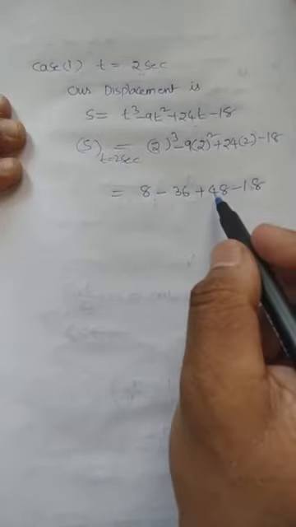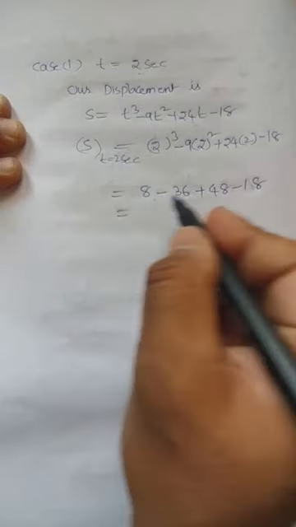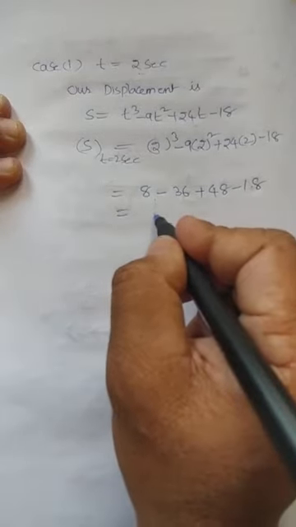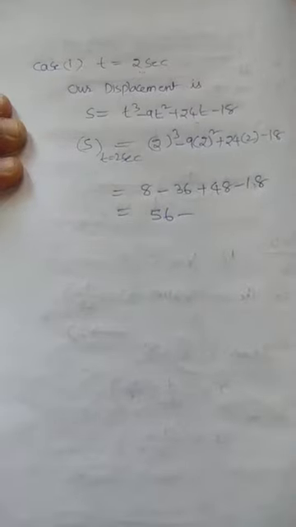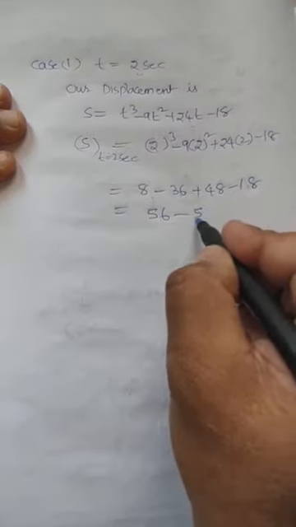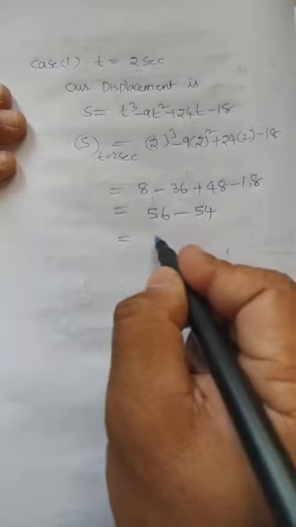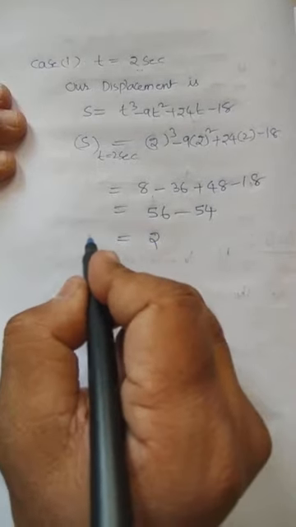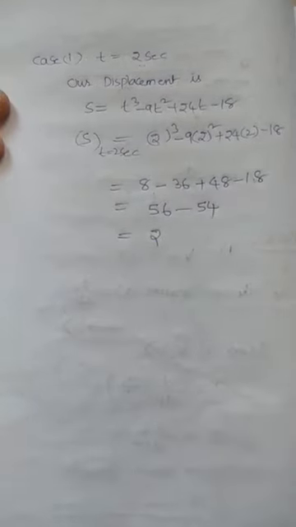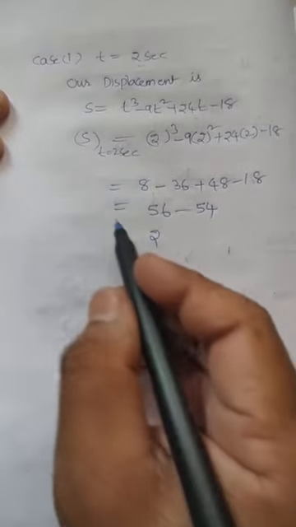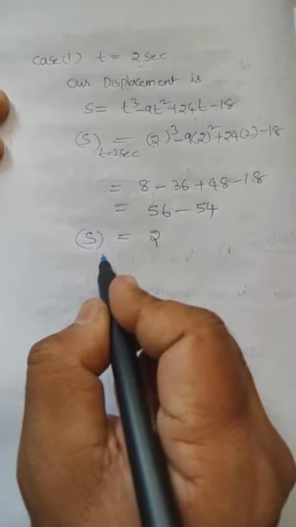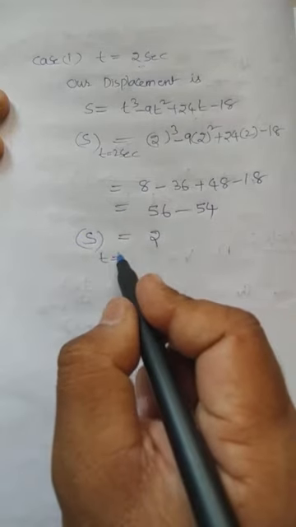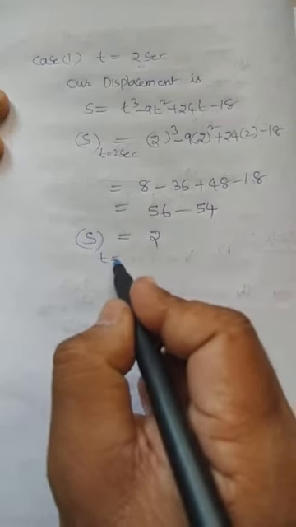So the positive terms are 48 plus 8, it is 56, and the negative term is 54. So we got 2. Although he has not mentioned any units for the displacement, let us suppose I am taking the time units as seconds. Okay, no problem.